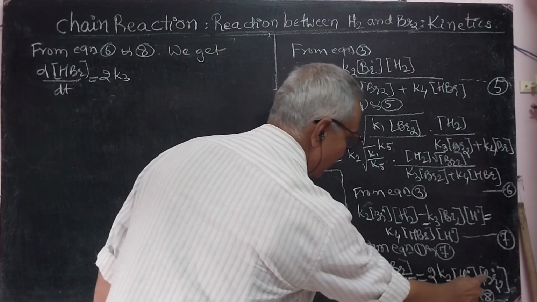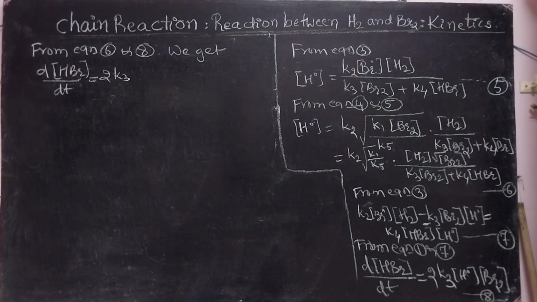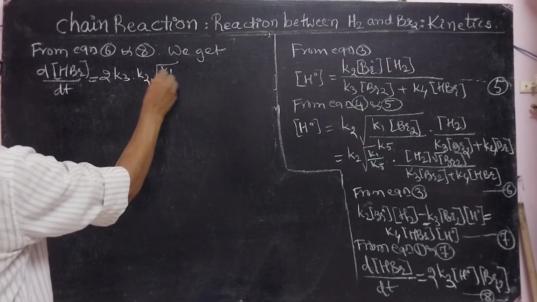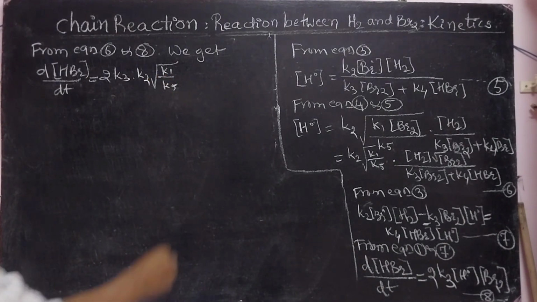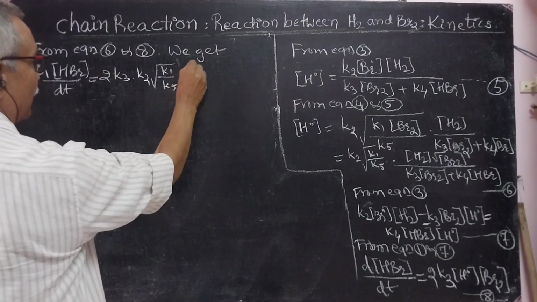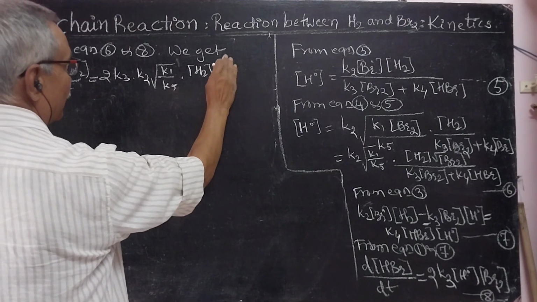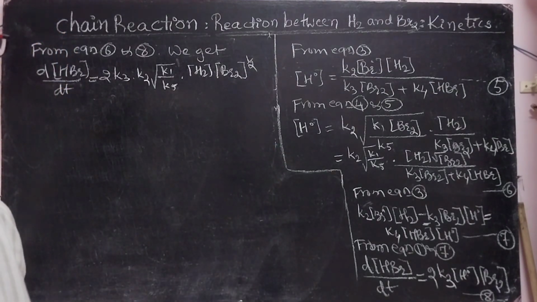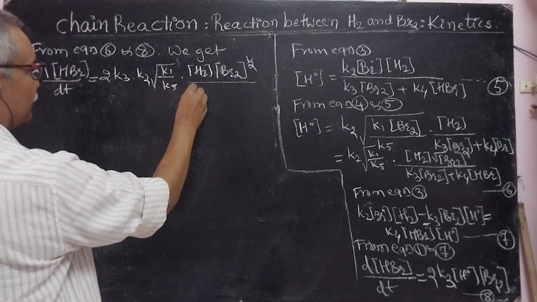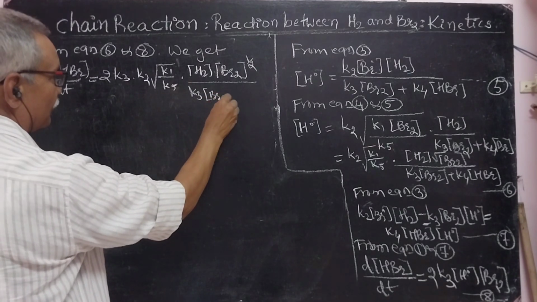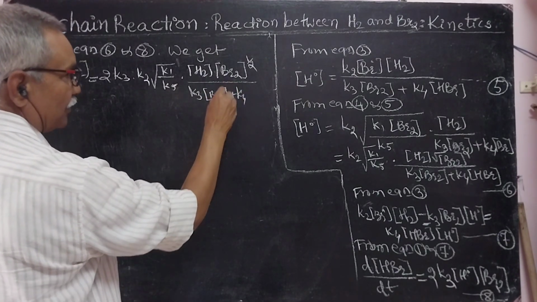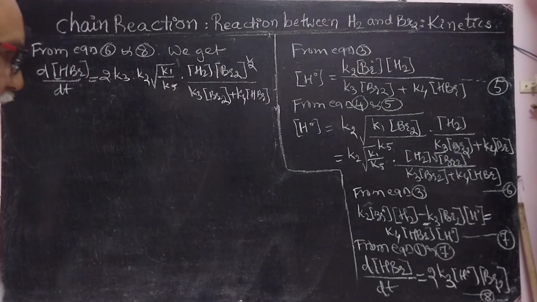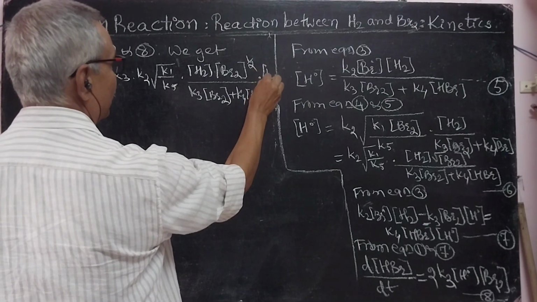Then you substitute the value of H dot from equation 6, that is H dot equal to K2 into square root of K1 divided by K5, the concentration of H2, square root of the concentration of Br2, that is raised to half, divided by K3 Br2 plus K4 HBr, and Br2 remains as it is.